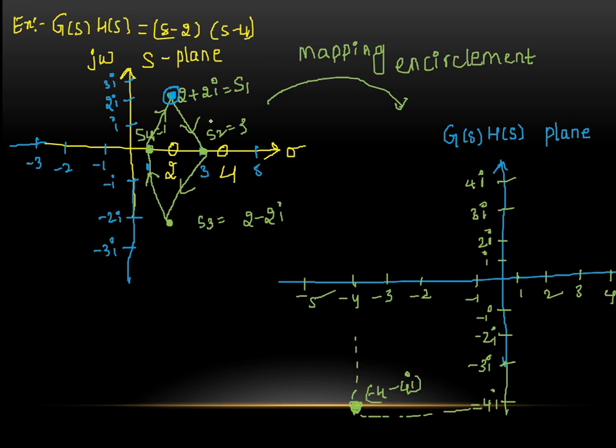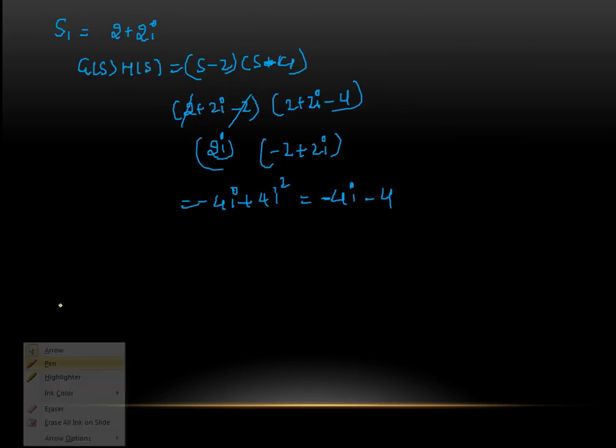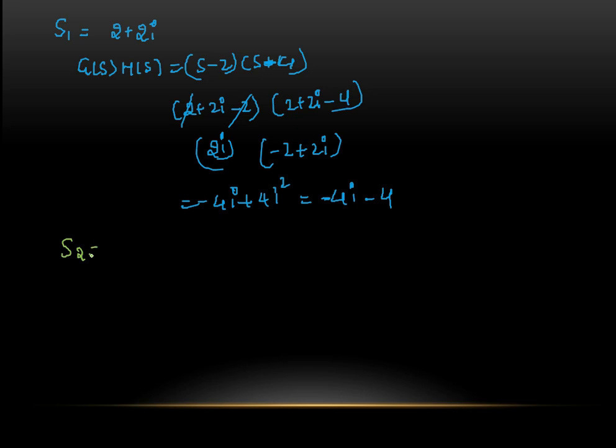Similarly, the S2 point is 3. Substitute S2 equal to 3 in the given transfer function. Then G of S into H of S will become S minus 2 multiplied with S minus 4.